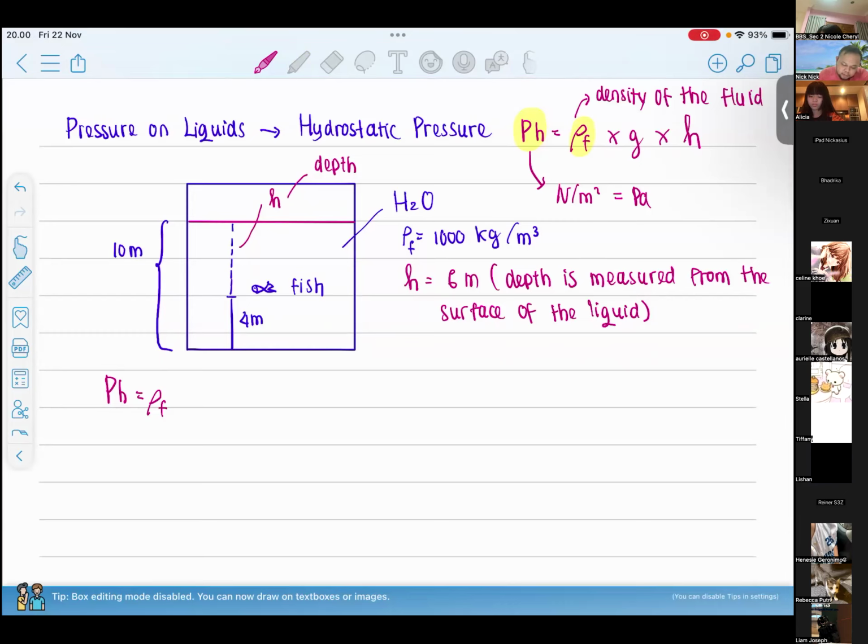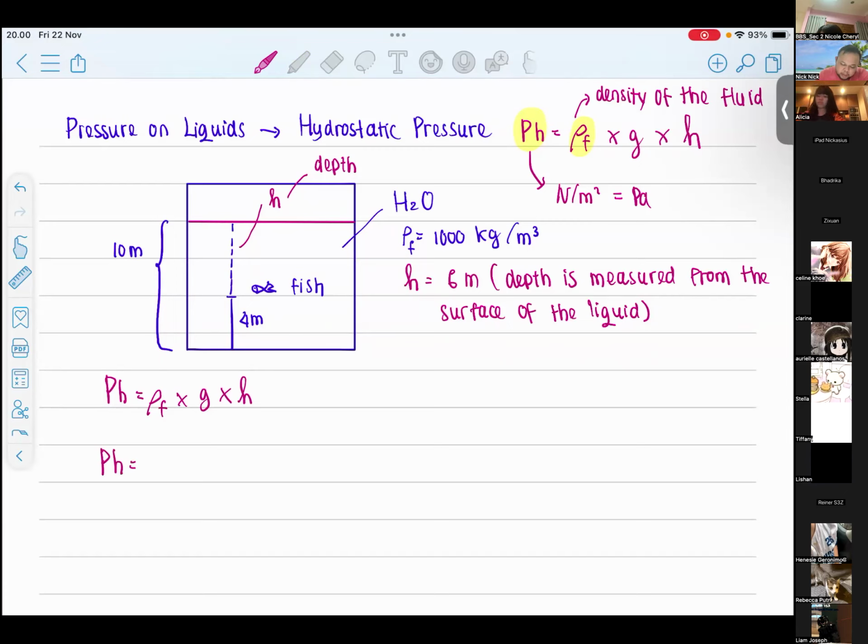So the density of the fluid is 1000 kilogram per meter cube times 9.8 meter per second square times the depth. The depth is 6 meters, right?